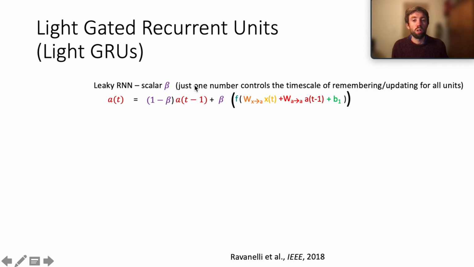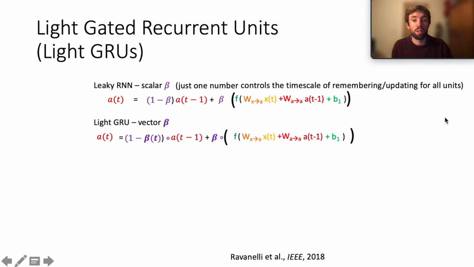This is just one number, a scalar value beta, which controls the timescale of remembering or updating for all units. A light GRU uses essentially the same equation, but now beta is a vector such that each element of beta controls the gating or updating of information for each recurrent unit in the RNN.